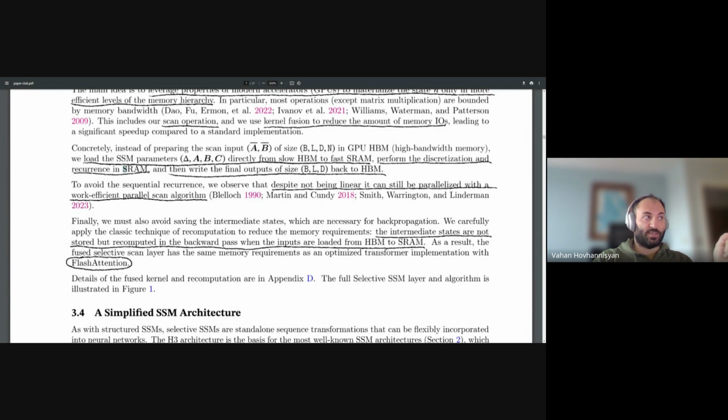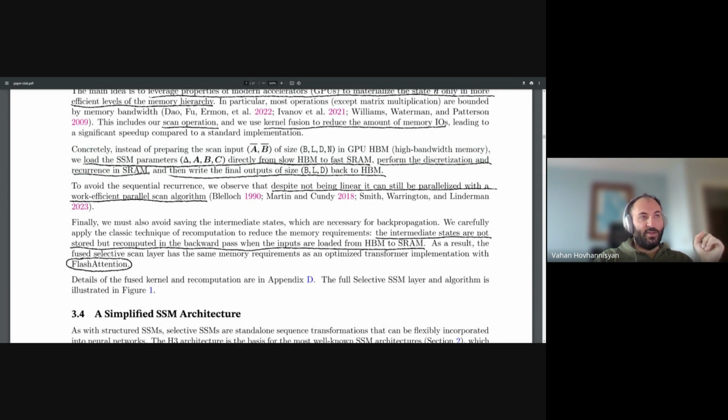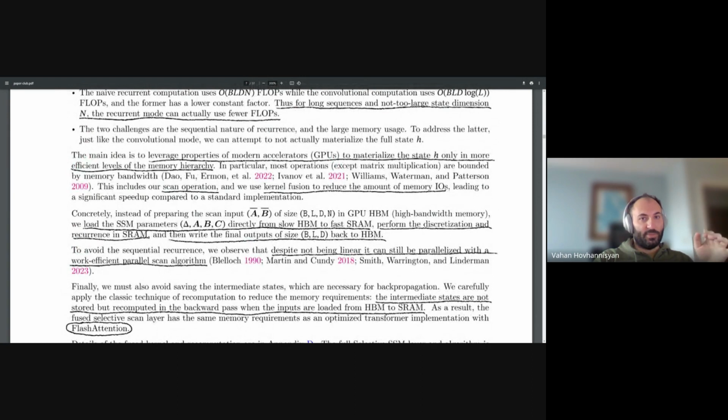You do this in SRAM, which is why the computations become linear, right? So that's the key part of the training implementation. Any comments? I'm jumping back and forth, but trying to keep the flow. If anything is not clear, just ask.